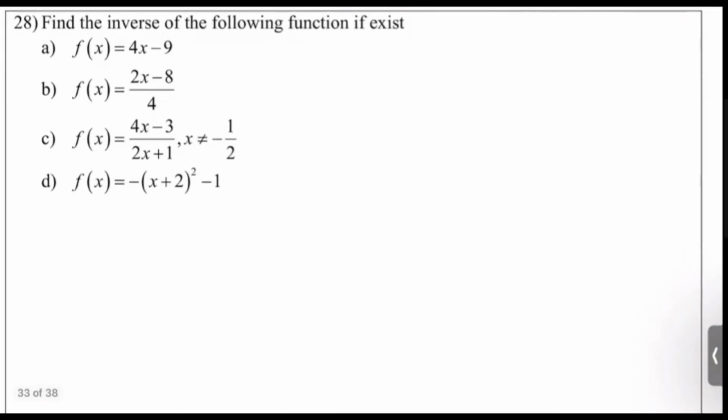Okay, so kita buat soalan dulu untuk kita faham lebih lanjut tentang inverse. So, let's look at this question 28A.